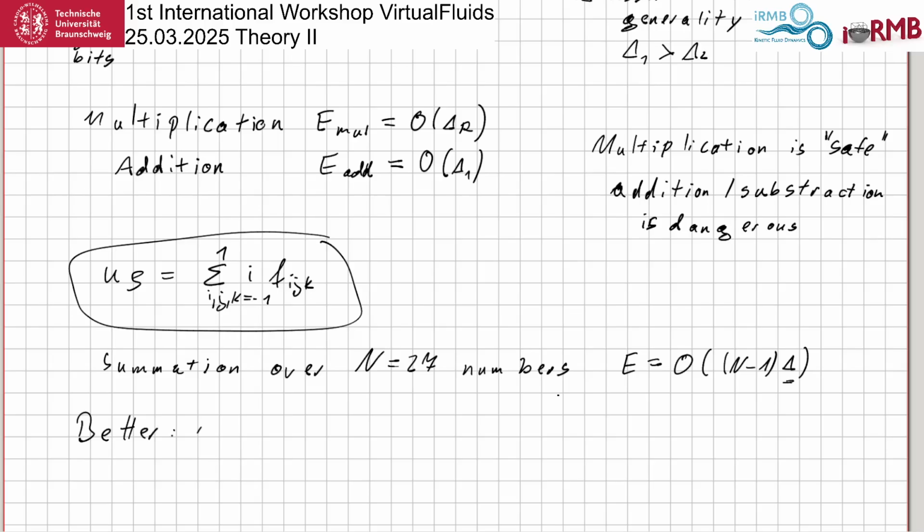If you look up pairwise summation on Wikipedia or something, what you should do is order your numbers according to their size. That would be a lot to do all the time, right?